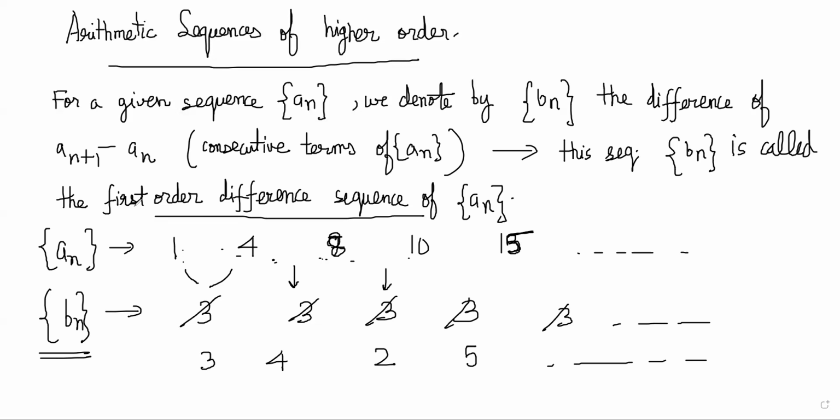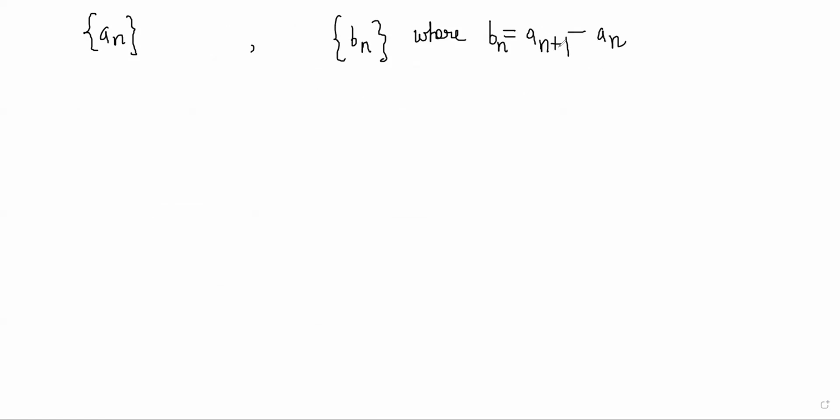Okay, now once we have understood the first order difference sequence, let's go ahead and define something else. We have An as the original sequence. We have Bn, where Bn is equal to An plus 1 minus An. So this is the first order difference sequence of An.